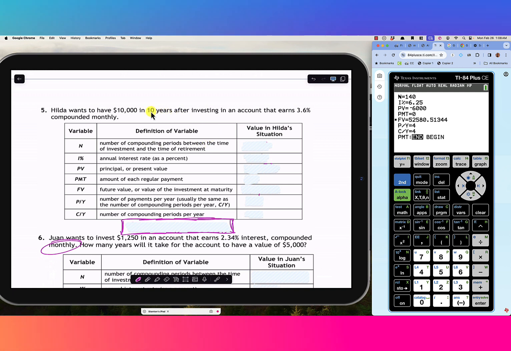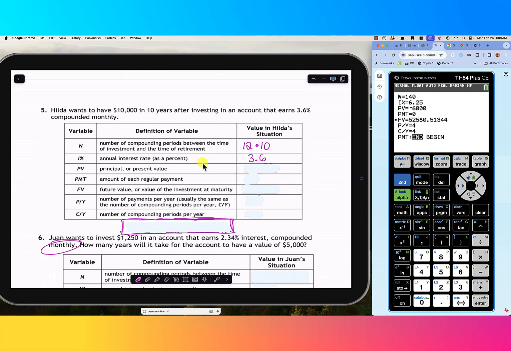This is 10 years and we're compounding monthly. Monthly means 12 times a year for 10 years, so you multiply 12 times 10. That's what we're going to put in our calculator later. Next line is the interest rate, which is 3.6%. That is as a percent, so do not move the decimal: 3.6.